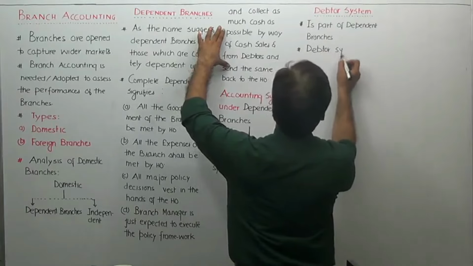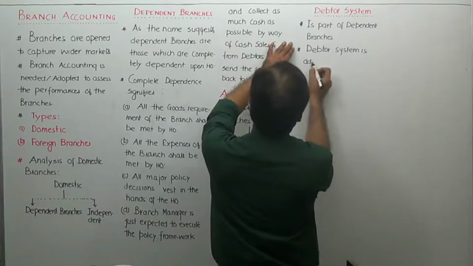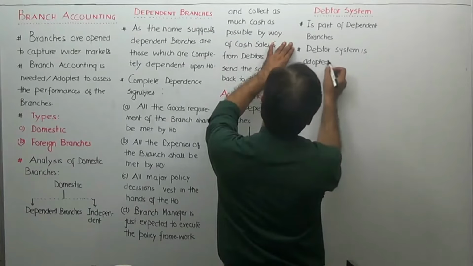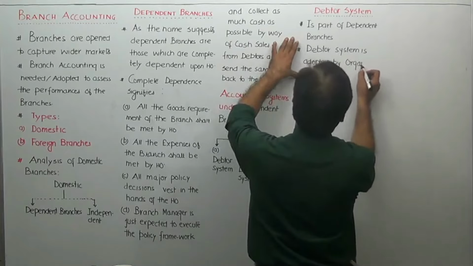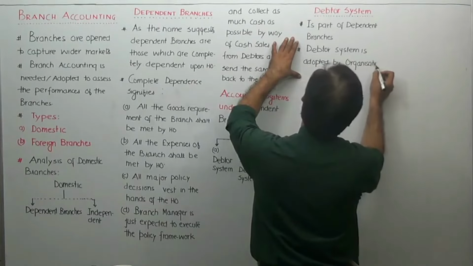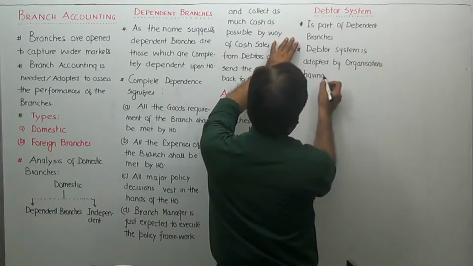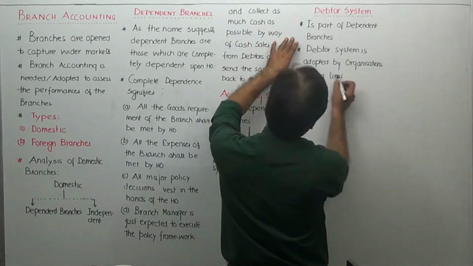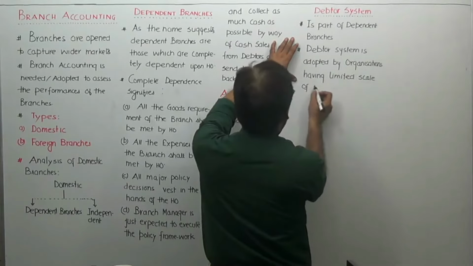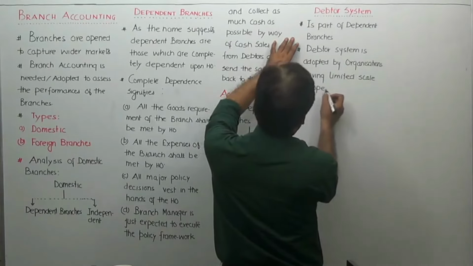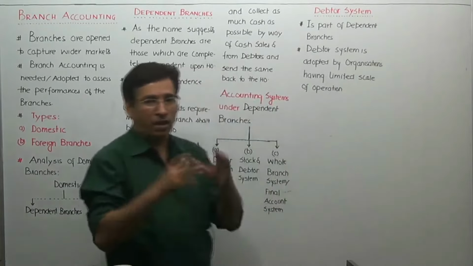So the first thing you should be aware of regarding the data system is that this system is generally adopted by organizations which have a very confined scale of operation.